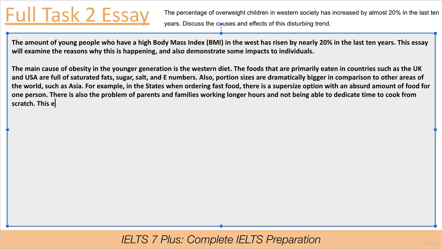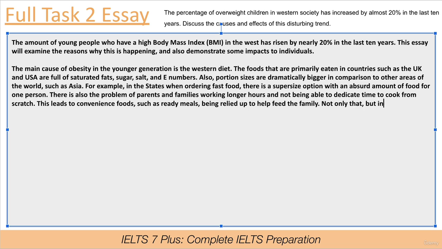Now what does this lead to? This leads to convenience foods such as ready meals being relied upon to help feed the family. Not only that, we can talk about the cheapness of frozen foods.